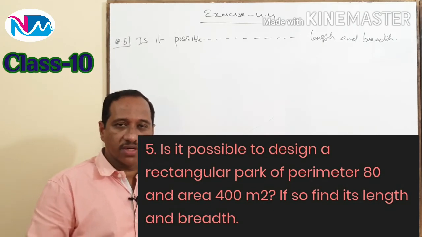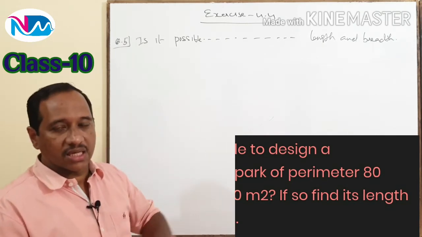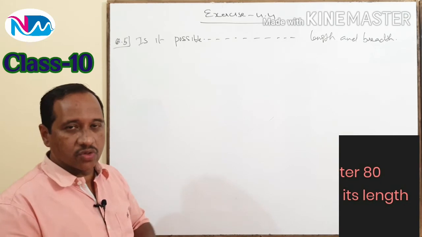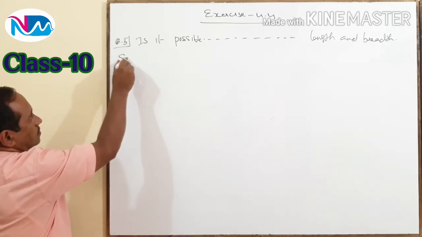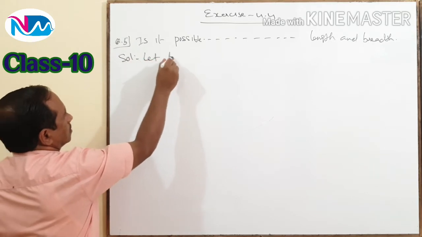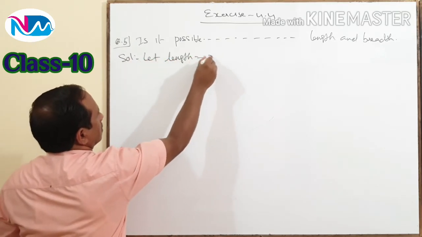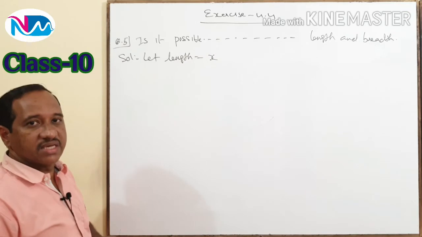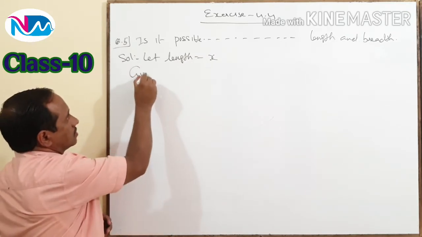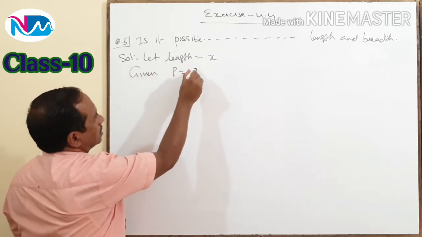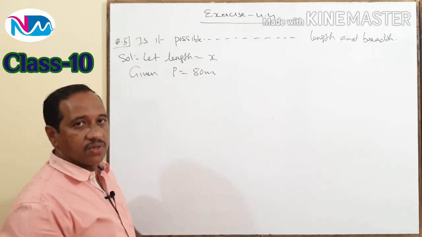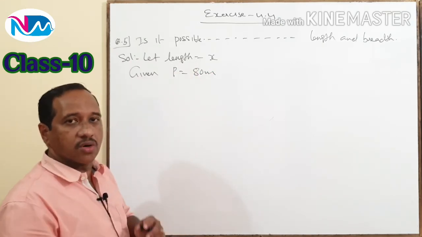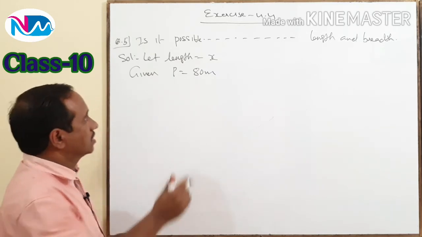The two measures of a rectangular park are length and breadth. So here I am going to assign length is equal to x. Let length is equal to x, given perimeter is equal to 80 meter. By using perimeter, we will express breadth also in terms of length.